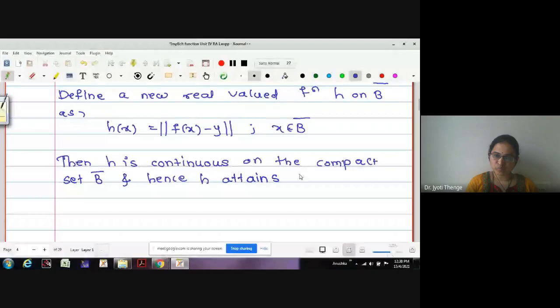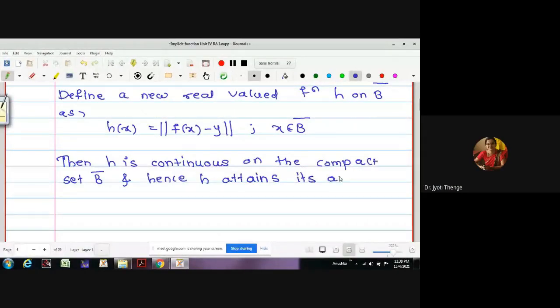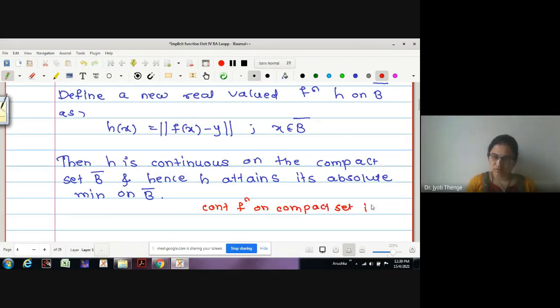its absolute minima. Now we were going to find out the relation between the minima of g and the minima of this h. Now which statement have we used here? A continuous function on a compact set is bounded.